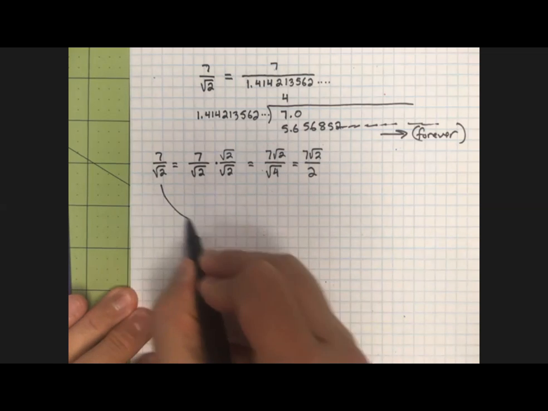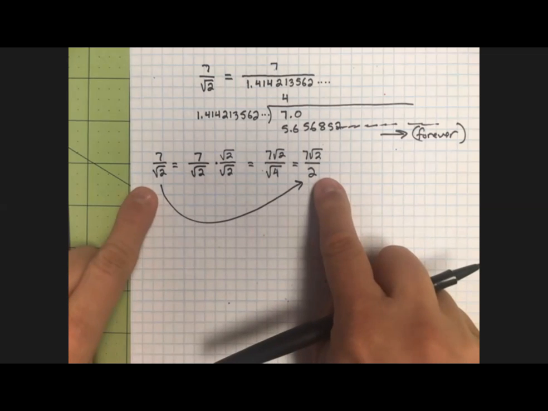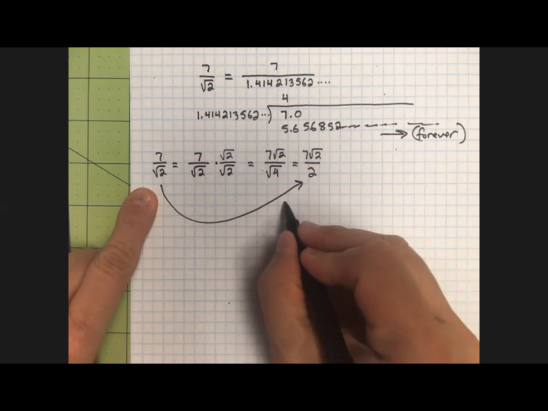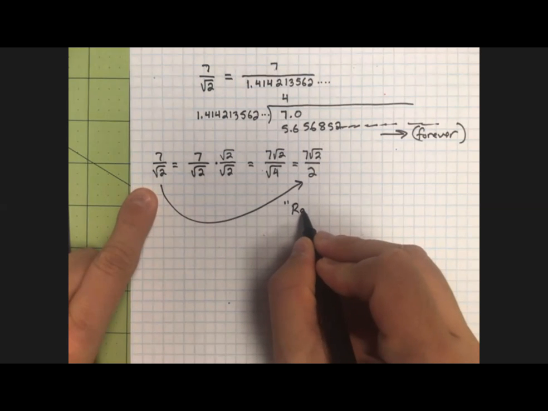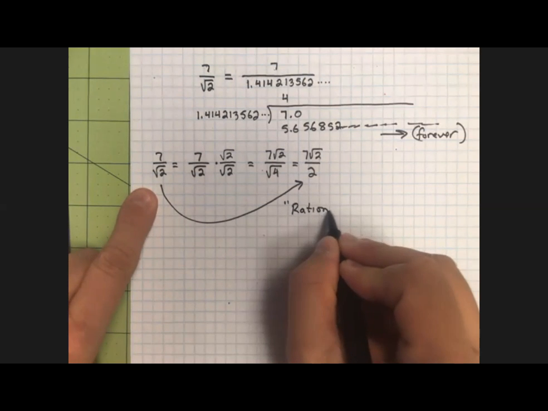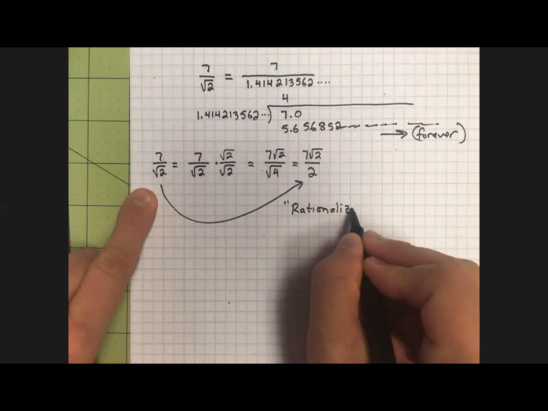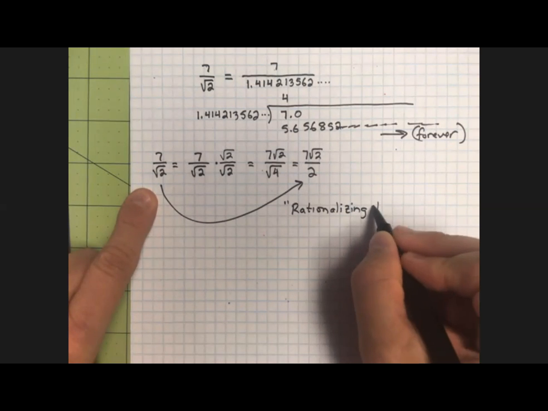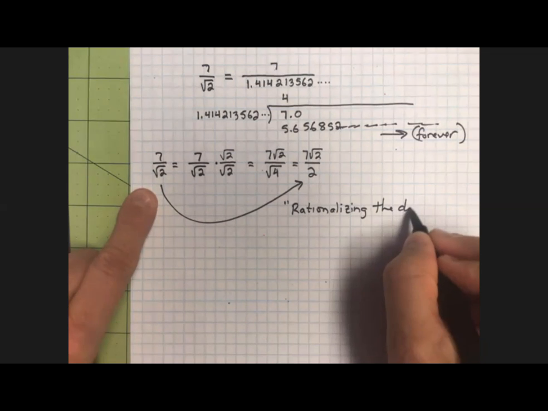This game where you got the radical out of the denominator is called rationalizing the denominator.